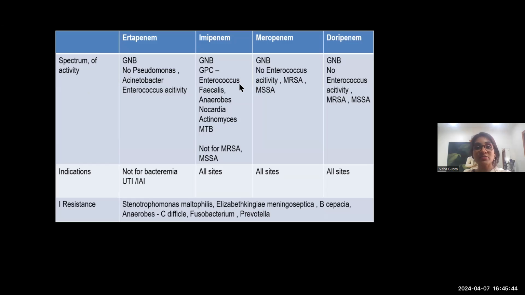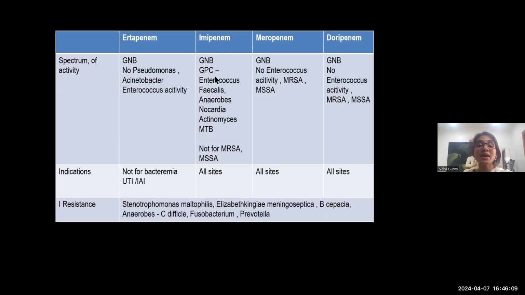Regarding the spectrum of activity, carbapenems have activity against gram-negatives, the ESBLs and AmpCs, and against gram-positive cocci as well, but these are Streptococcus pneumoniae or the beta-hemolytic streptococci. They are not the drugs of choice for MSSA or MRSA, and they have no activity against enterococcus.